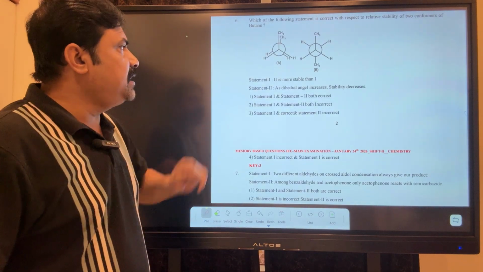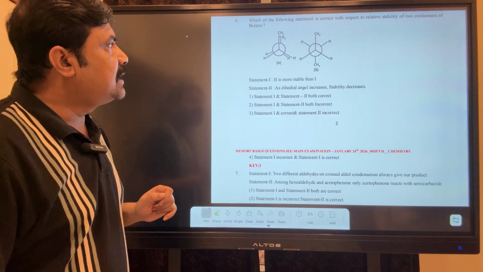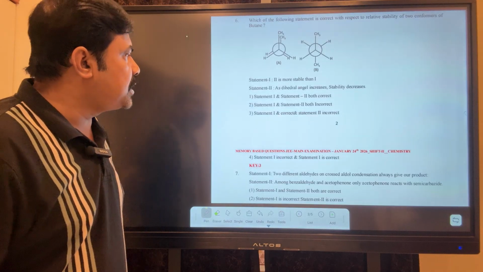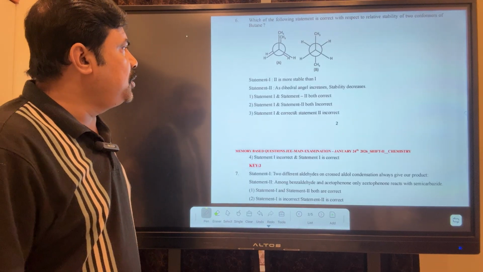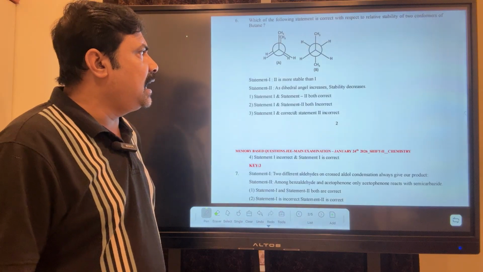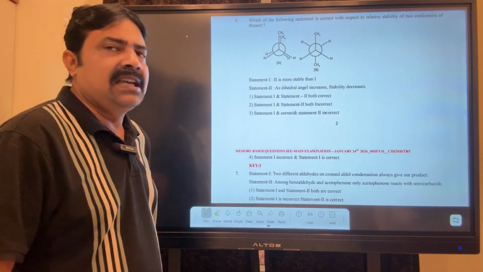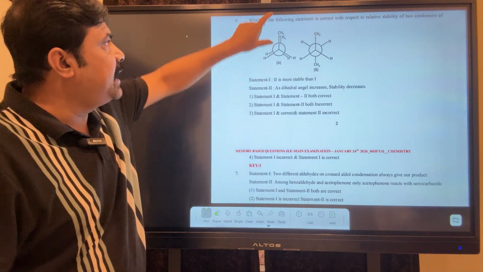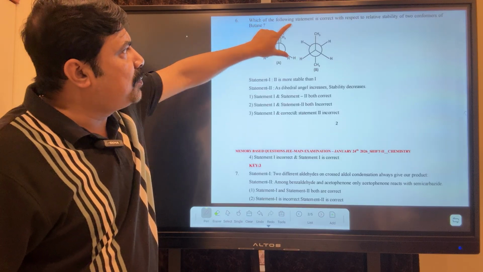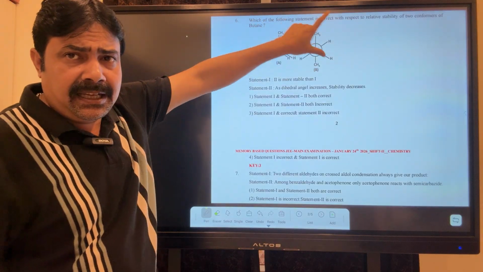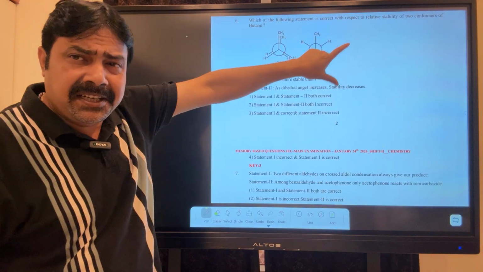Then the statement is telling 2 is more stable than 1. And statement 2 is telling as dihedral angle increases, stability decreases. Dihedral angle increases means here the dihedral angle is 0, but here 180. When dihedral angle increases, stability is going to what? Increases.